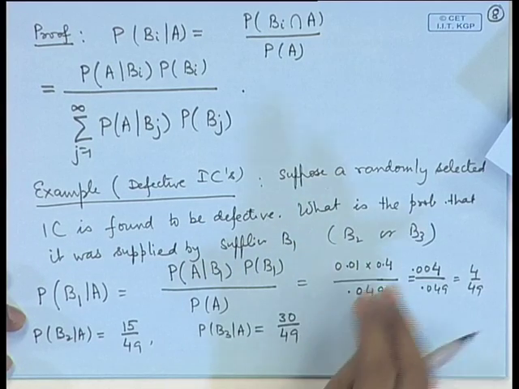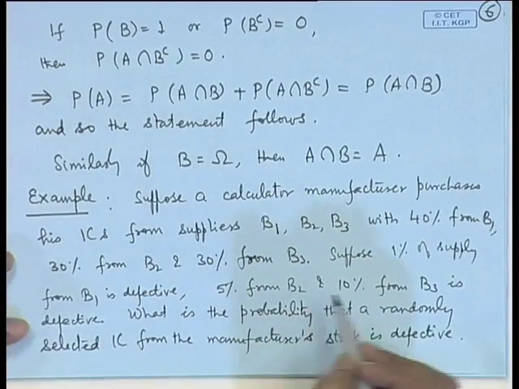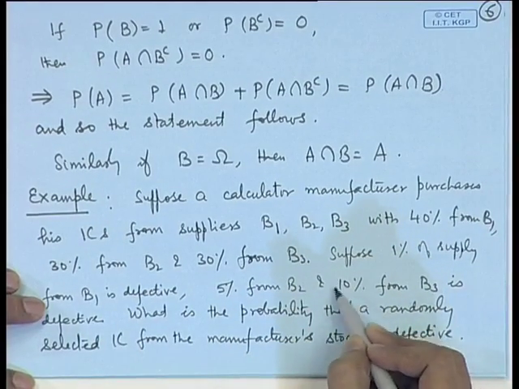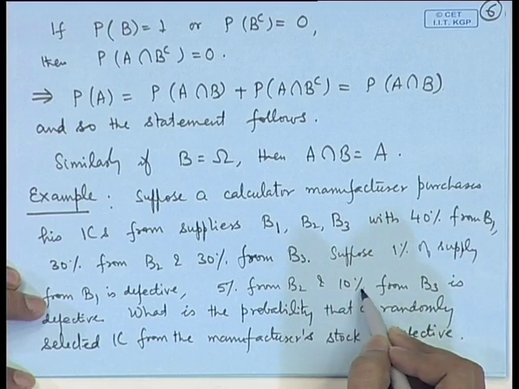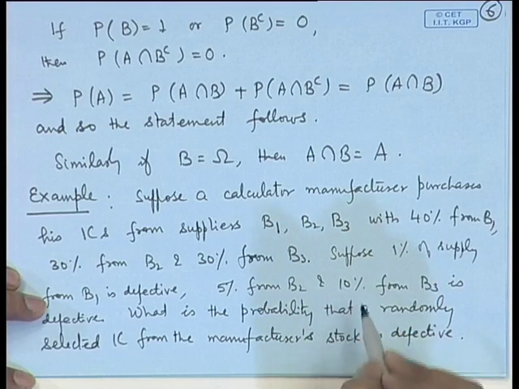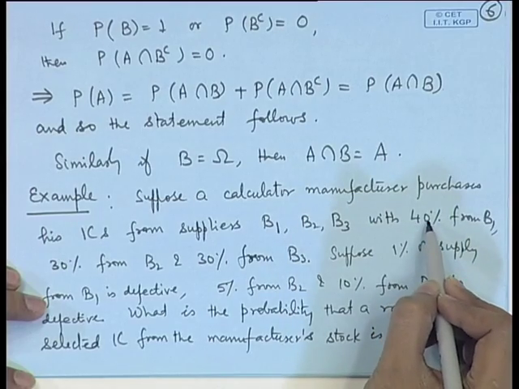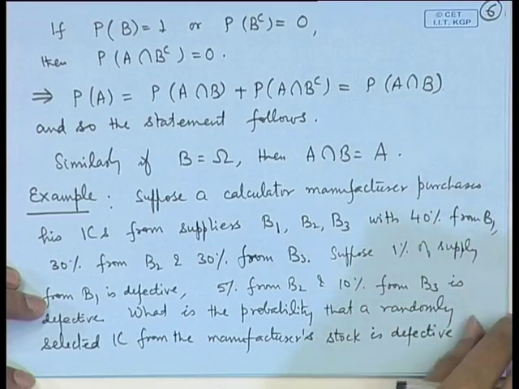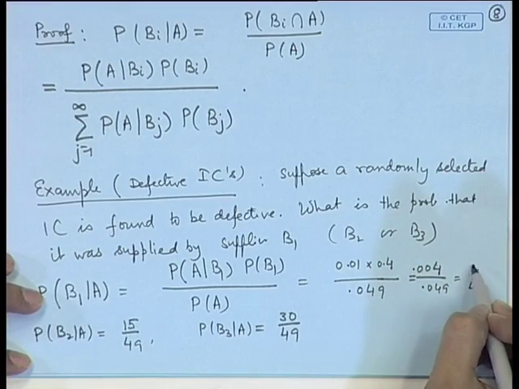The reason is that in the hypothesis of the problem, it has been assumed that more of the product from the third supplier is defective, which is actually 10%, whereas from the first supplier it is only 1%. So, although more supply comes from the first manufacturer, the probability that it came from him, provided it is defective, is much smaller.